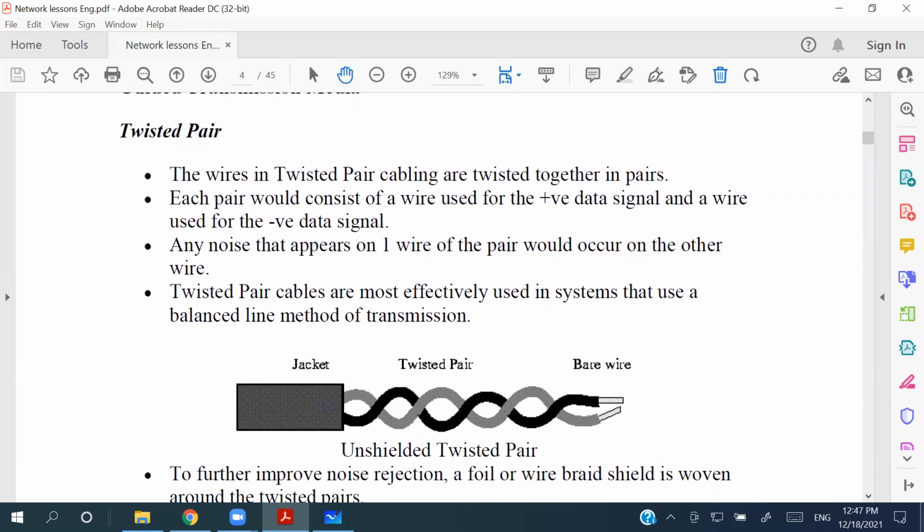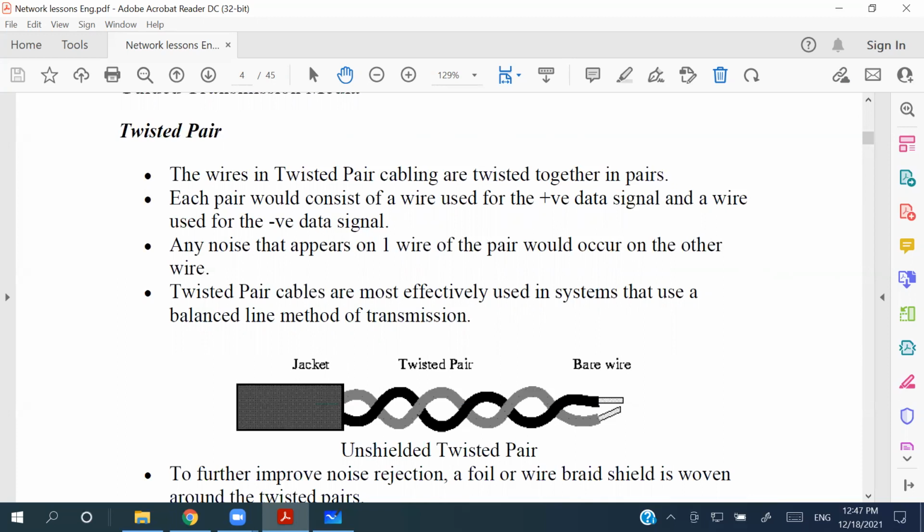Twisted pair is the normal network cable that we see in our day-to-day life. If you have a TV connection or a dial-up connection, you can see a network cable with that connection, a yellow or a blue one, which is fixed into an RJ45 port, as well as a jack of RJ45.